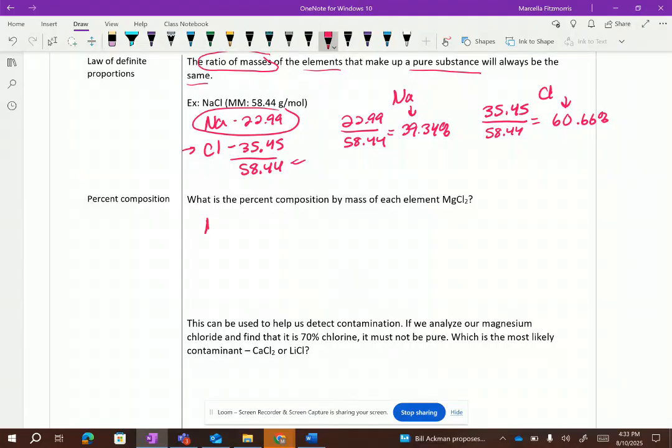Take MgCl2. Here there's 1 Mg for every 2 Cl's. That 1 Mg is 24.31. The Cl is 35.45. That's its mass. You can find that on the periodic table.